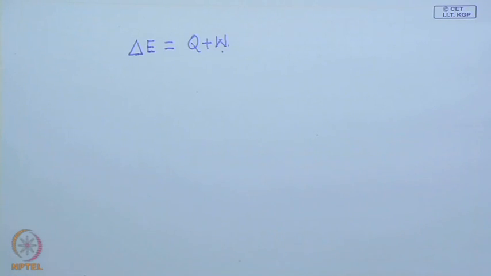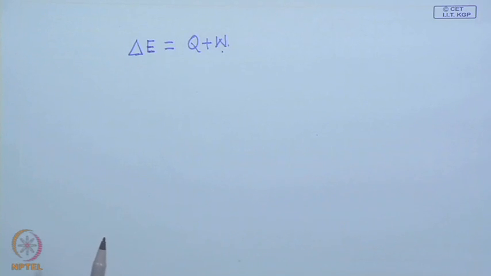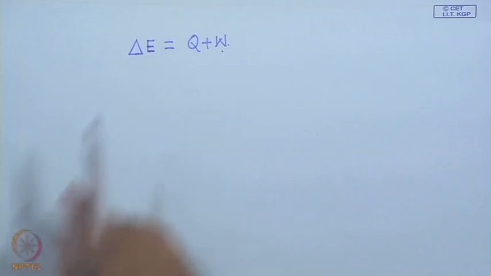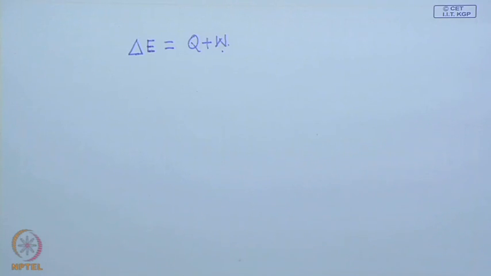Of course, if we want to apply this to a flowing or moving fluid, then the energy content is not only the internal energy, but also the kinetic energy, and maybe other forms of energy like potential energy are possible. So this energy will then contain the kinetic energy and, if necessary, potential energy as well.